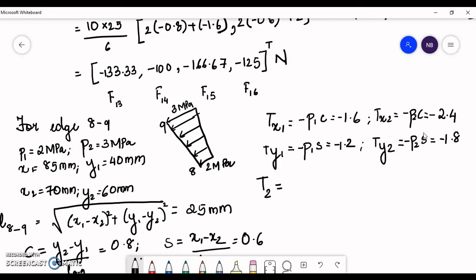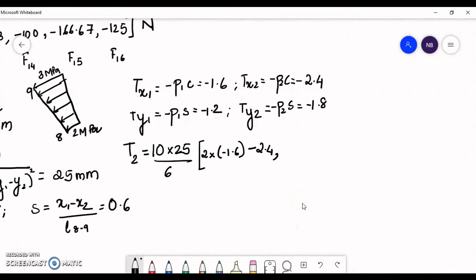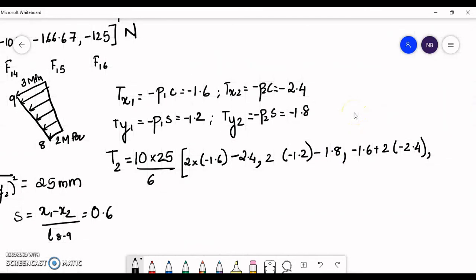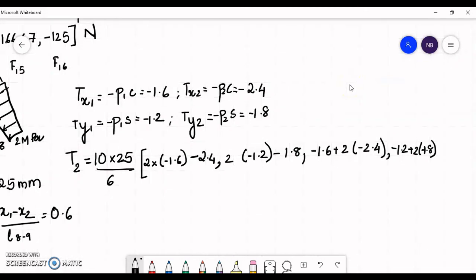So to find out the equivalent point force, we use the formula t times L upon 6 into 2Tx1 plus Tx2, 2Ty1 plus Ty2, Tx1 plus 2Tx2, and Ty1 plus 2Ty2, transpose.